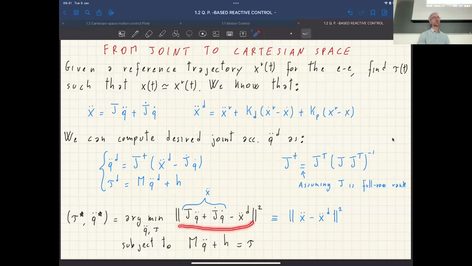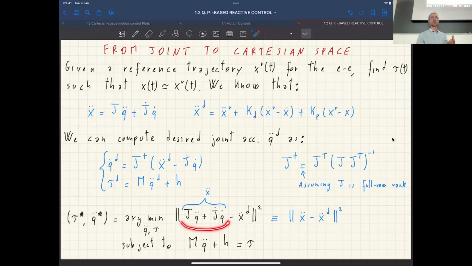And what is the cost function? It is the difference between the end effector accelerations and the desired end effector accelerations, which is very reasonable. It's exactly the same as what we did for the joint space, now we are doing it in Cartesian space. It's a bit more convoluted because now to express the Cartesian space accelerations, I need to use that expression, J Q double dot plus J dot Q dot.